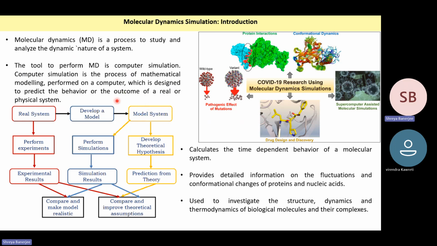It can fold in different ways. All this dynamics cannot very easily be studied by experiments because they are on a very small time scale. But if we can create a model system of the protein, we can carry out the dynamic simulations in a time scale which we can observe, and these will give some results.